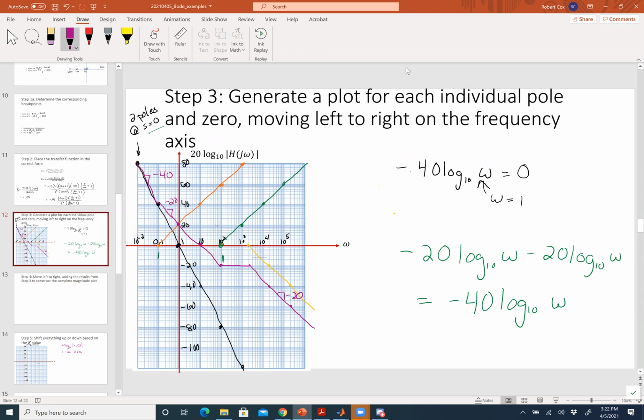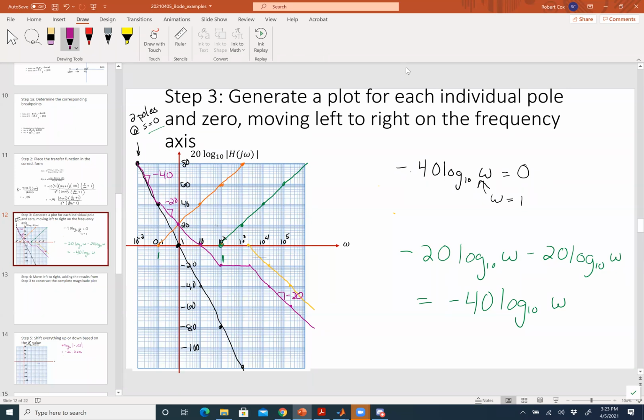So what would I do? In my mind, I take the purple curve, which is the combined one, and I know that between 100 and 2000, for instance, it was sitting at 20 dB. So I shift that down 26.